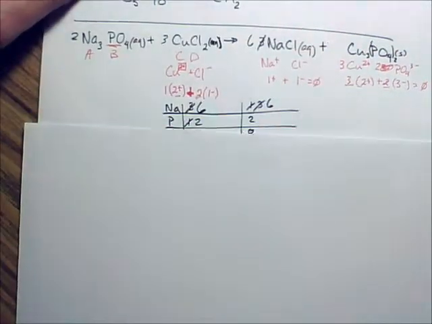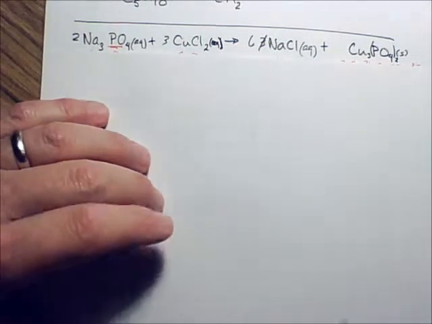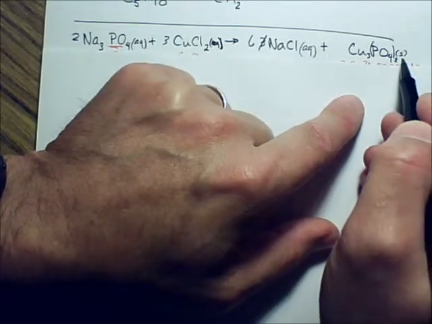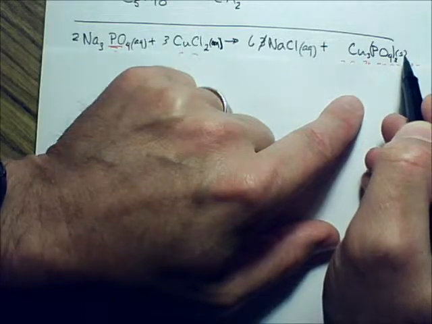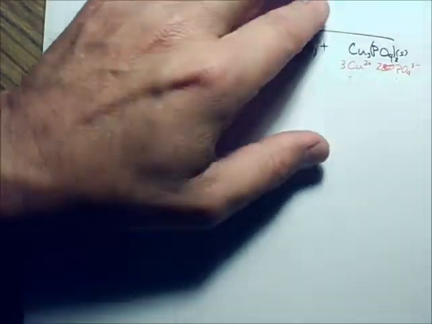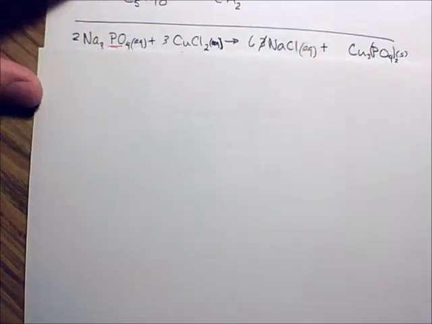Okay? All right. But when you're writing an ionic equation, you don't break up things that are solids. The process is the same as we used here, but we're not going to break this compound up right here on the end because it's a solid.